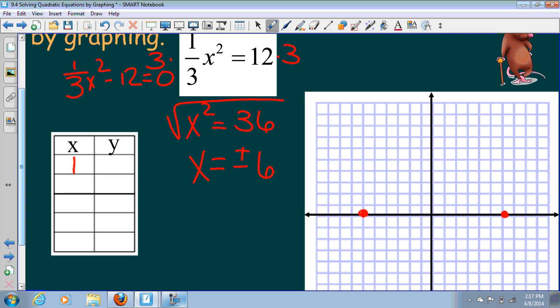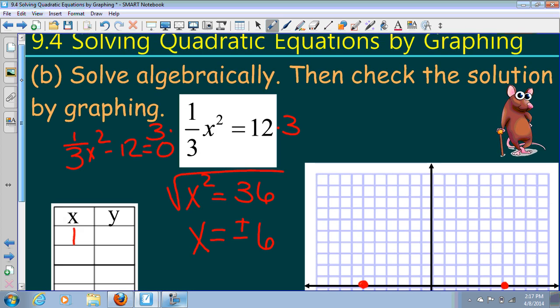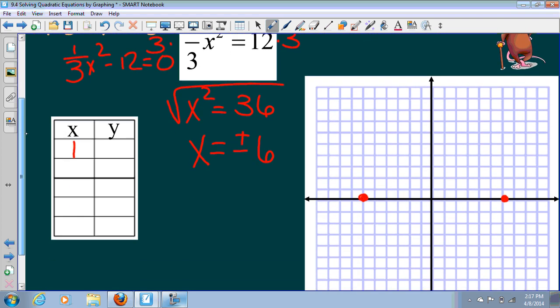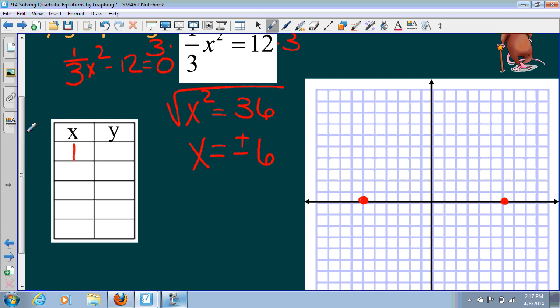That's what I said I was going to do. 1 squared, so 1/3. 1/3 doesn't equal 12. We're not going to be able to check this. Then we check by graphing. Okay? So let's look at negative 12. So it's just going to be wider. Notice how the fractions are making it wider and the whole numbers will make it more narrow.